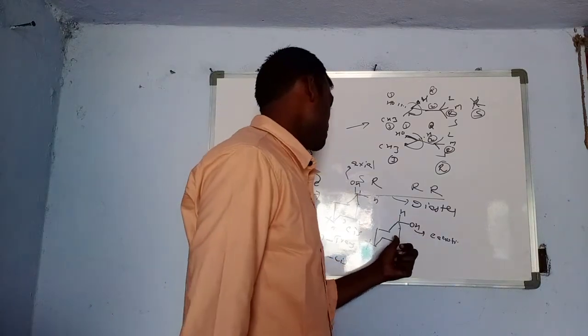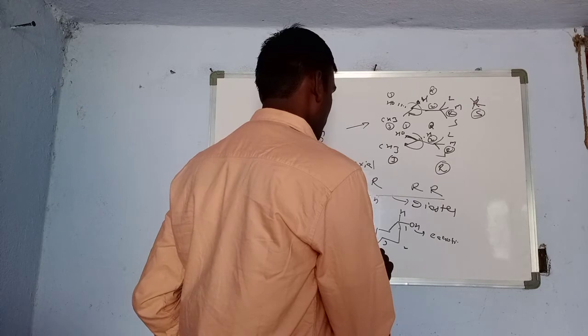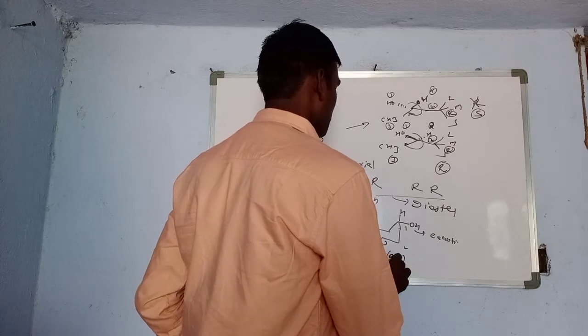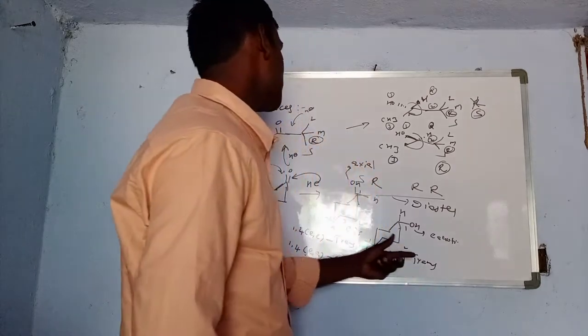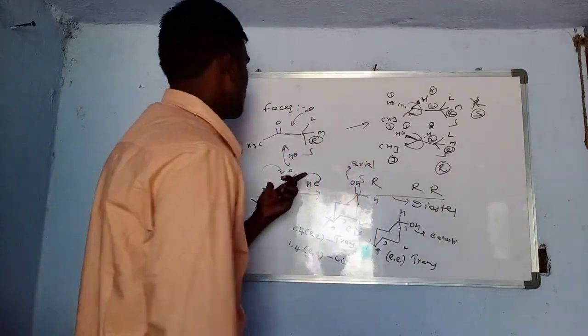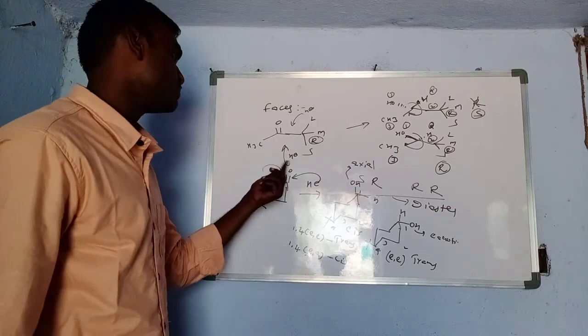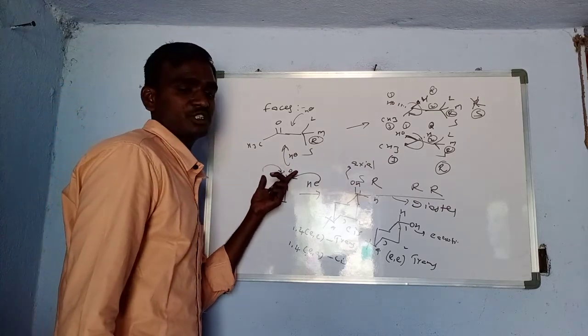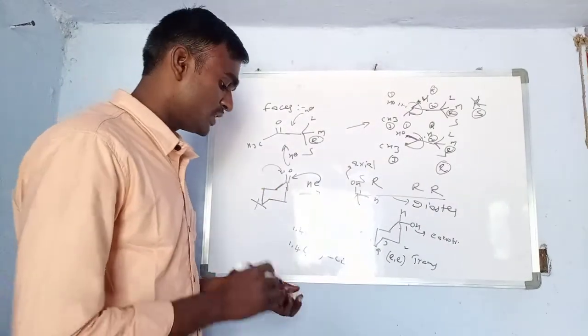And in this molecule, both are equatorial and equatorial, so it is a trans. Whenever we get that cis and trans molecule, these two faces are said to be in a diastereotopic relationship. This is the homotopic, enantiotopic, and diastereotopic relationship.